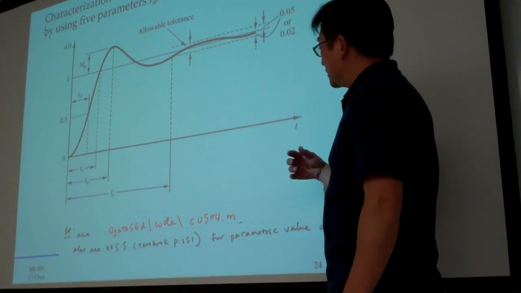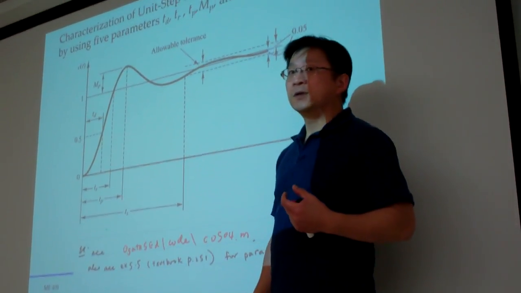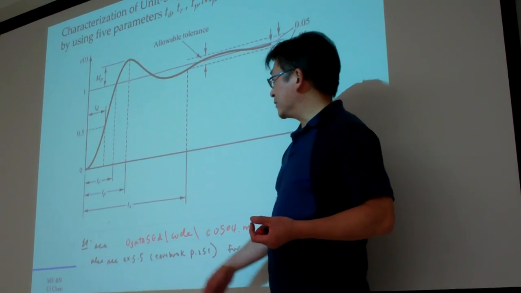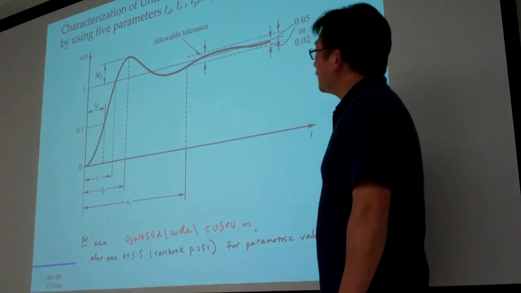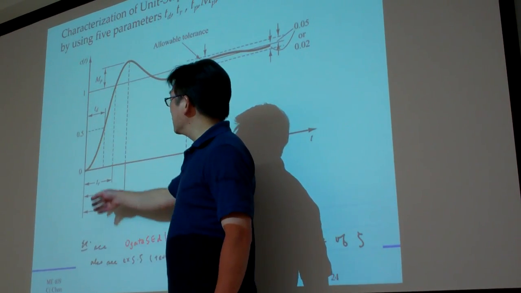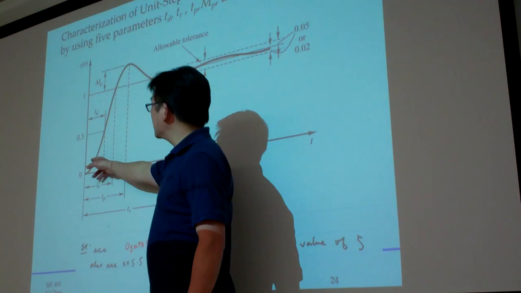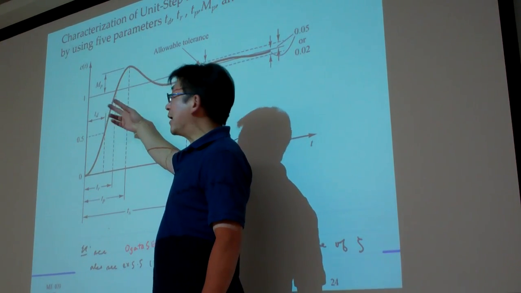Okay, so now I introduce the first index to categorize the system dynamics. This one is the settling time. Now we move on to the beginning of the response. For example, the system is underdamped, and the system will try to catch up with the command.